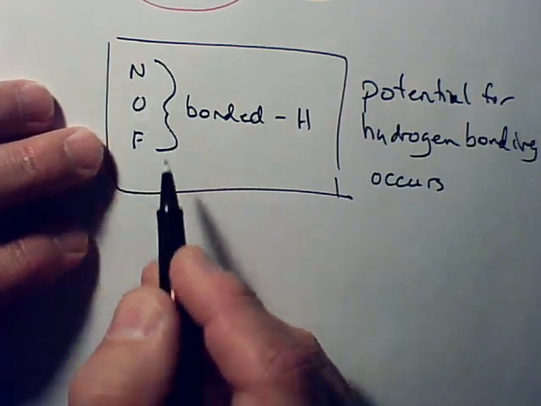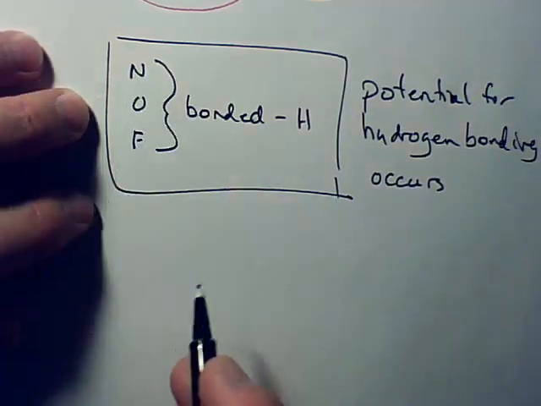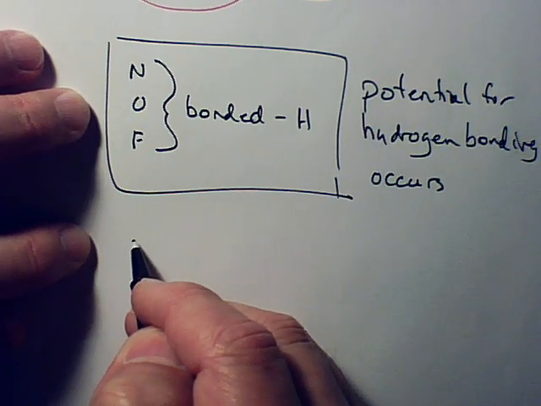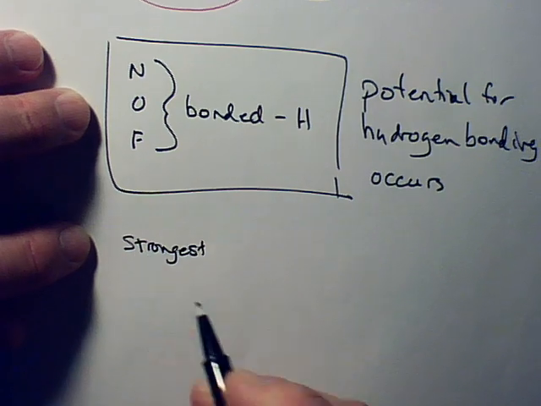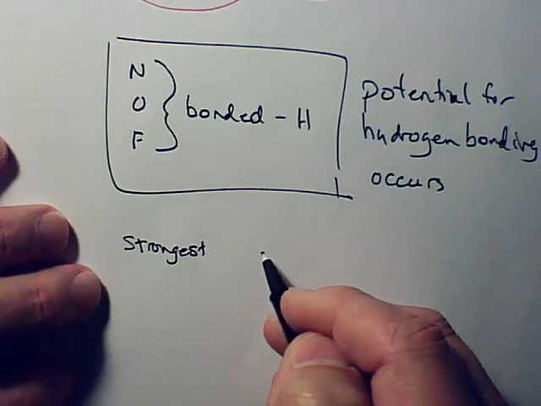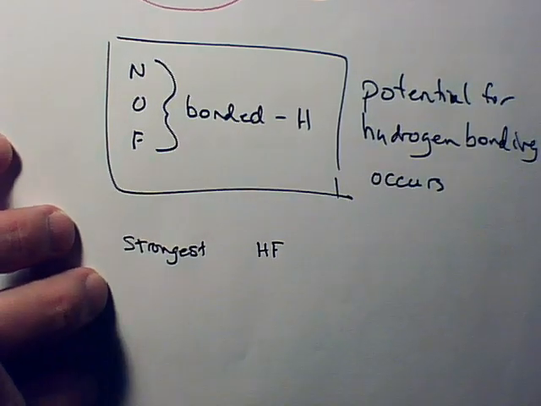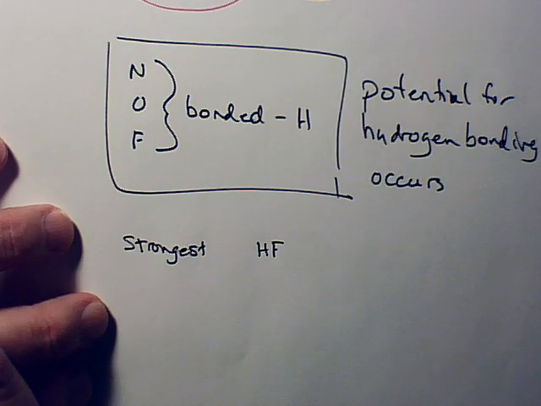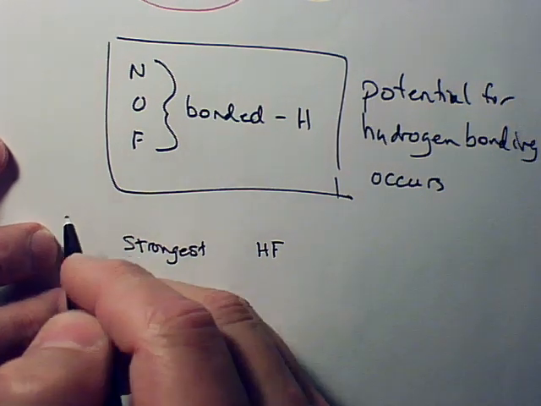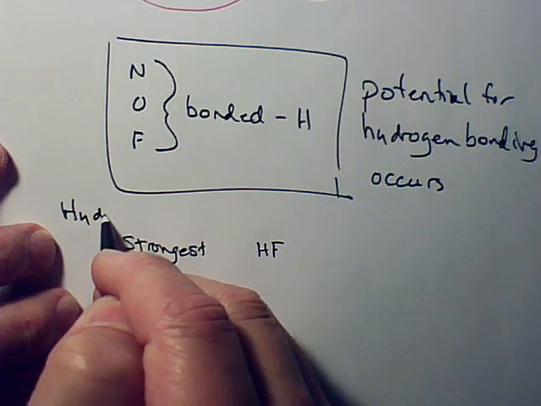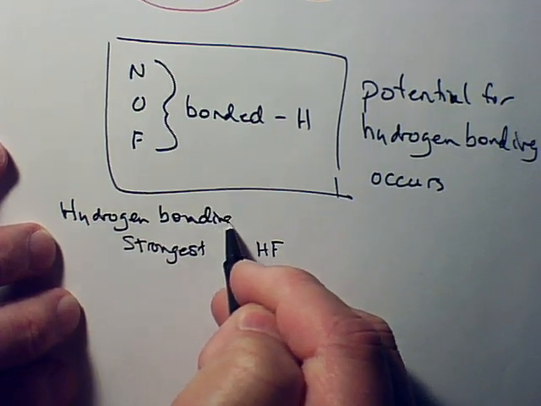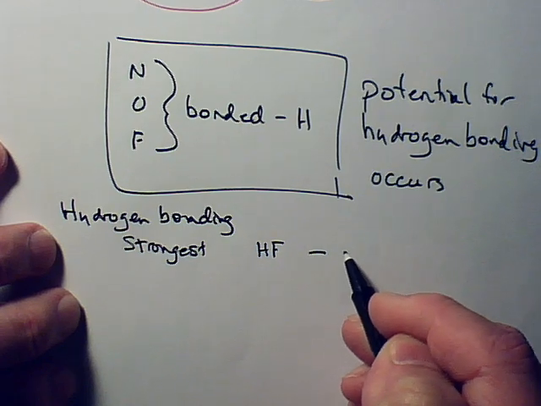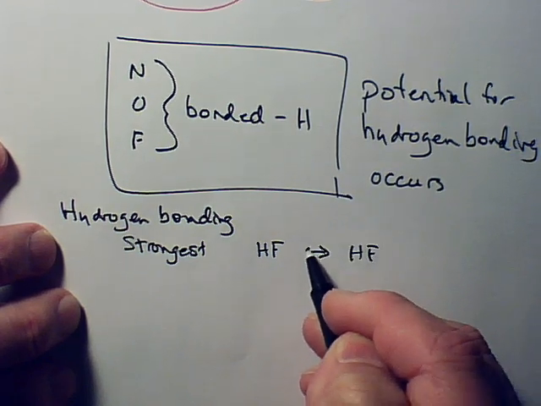Now, in terms of ranking these, the strongest hydrogen bonding can occur with an HF group. So we're talking about hydrogen bonding here, HF to HF groupings.